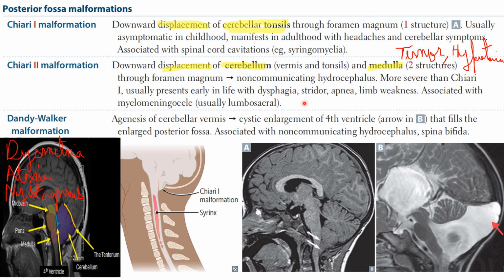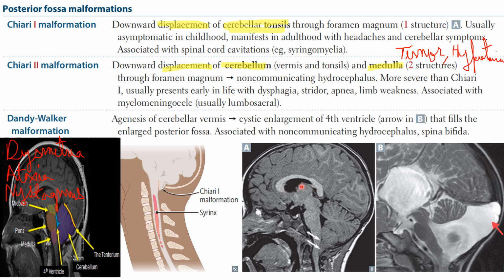In this kind of condition, what happens is that there is an obstruction in the flow of cerebrospinal fluid, CSF. So here we have the ventricles. Here we have all the ventricles, and there is an obstruction or a blockage through whatsoever thing.